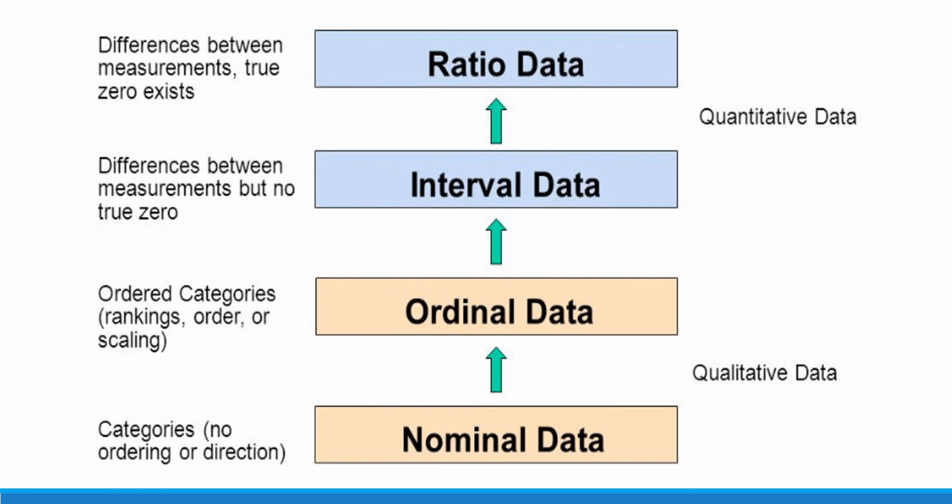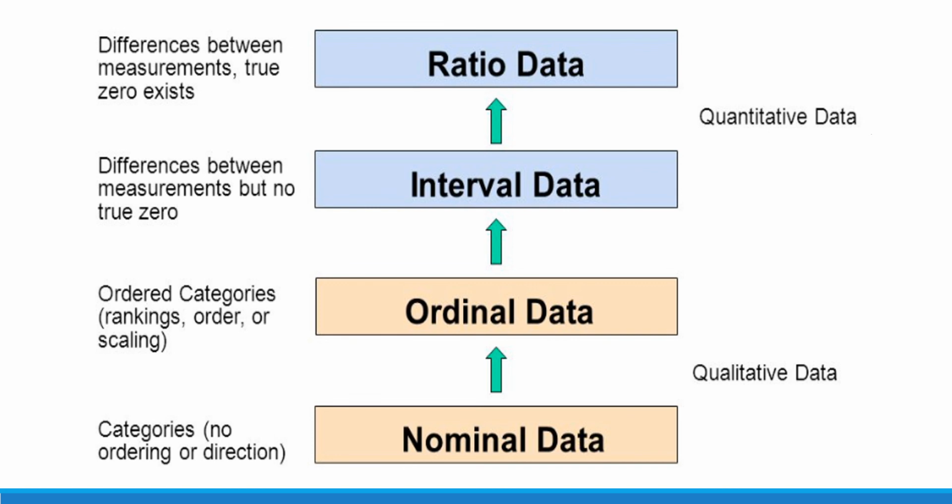The second level is the ordinal data. In this measurement, we have ordered categories or ranking, and we can say one of them is better because we are moving from positive to negative or negative to positive, but we cannot say by how much better.